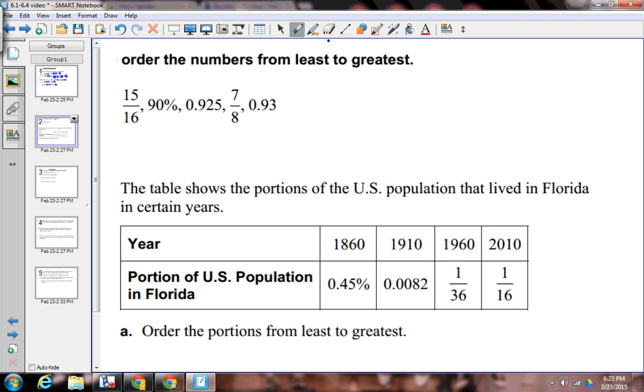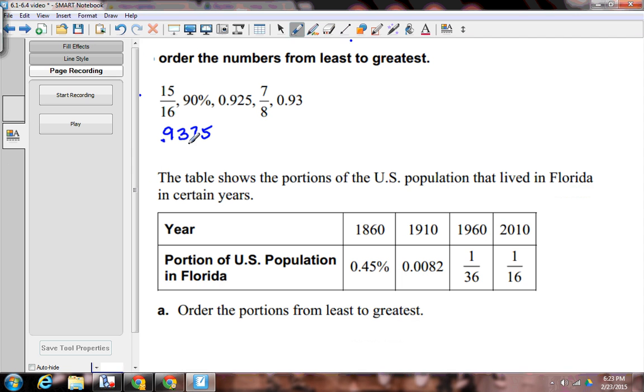Okay, next we're going to order numbers from least to greatest. You can turn all your numbers into decimals or into percents. I prefer decimals. So I'm going to turn 15/16 into a decimal by dividing 15 divided by 16. And we have this, 0.9375.